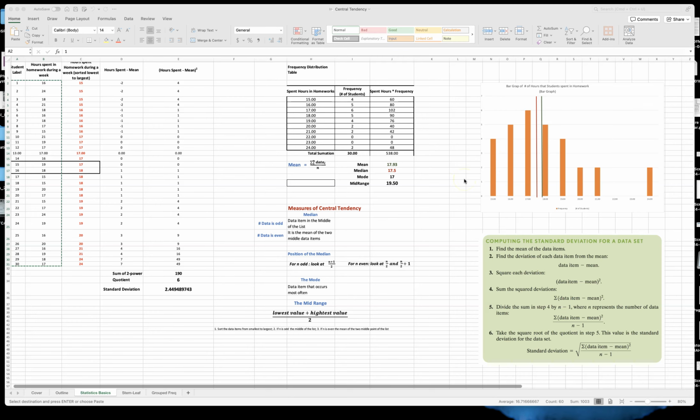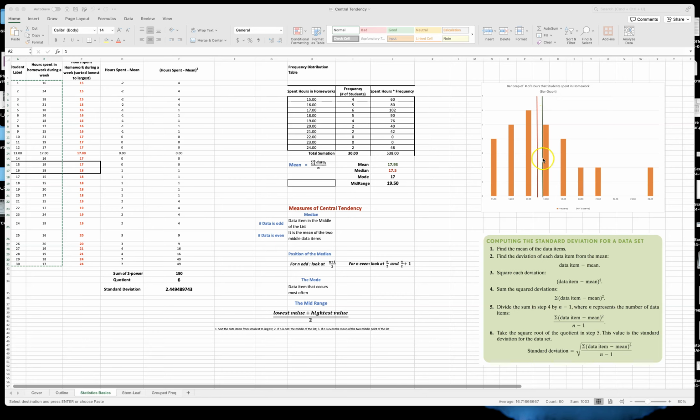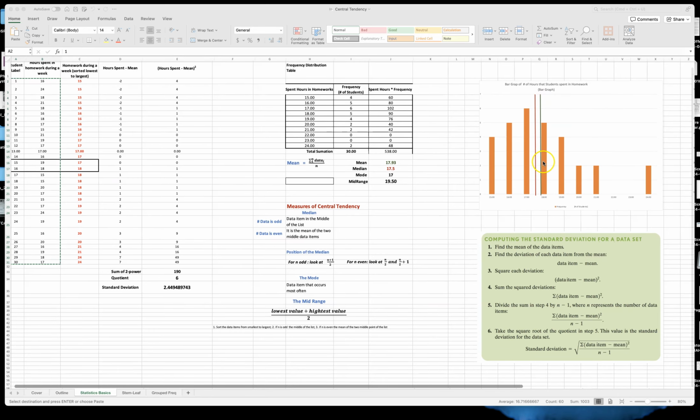So with respect to these two descriptors, the data is more spread out from the central tendency compared to another set of data whose histogram might be around here.